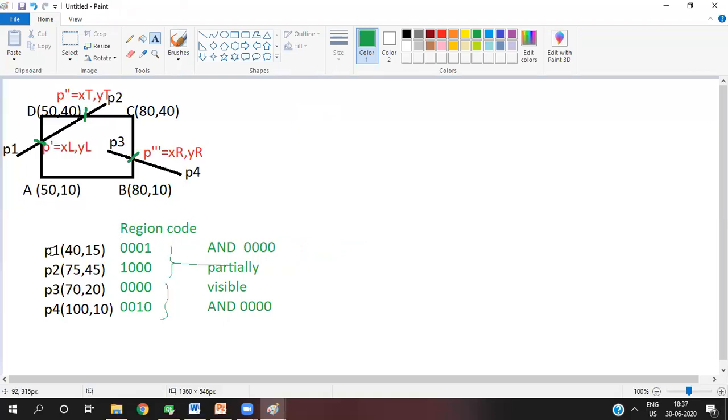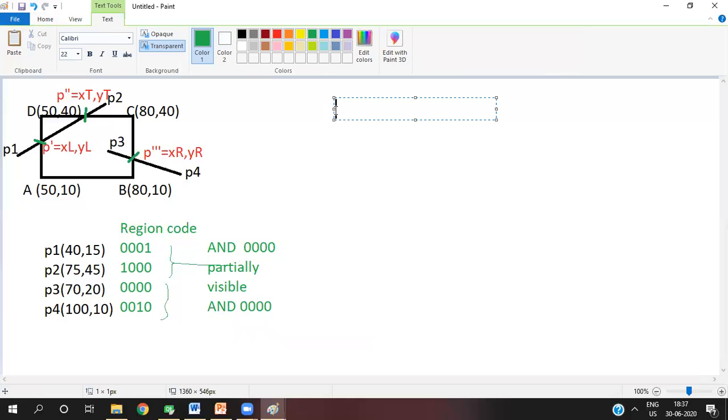You have the coordinates of P1 as 40, 15, P2 is 70, 45. So which is the unknown point over here, XL or YL? XL is known definitely, right? What about YL? YL is unknown over here. So let's go ahead according to equations which we have written previously, right?